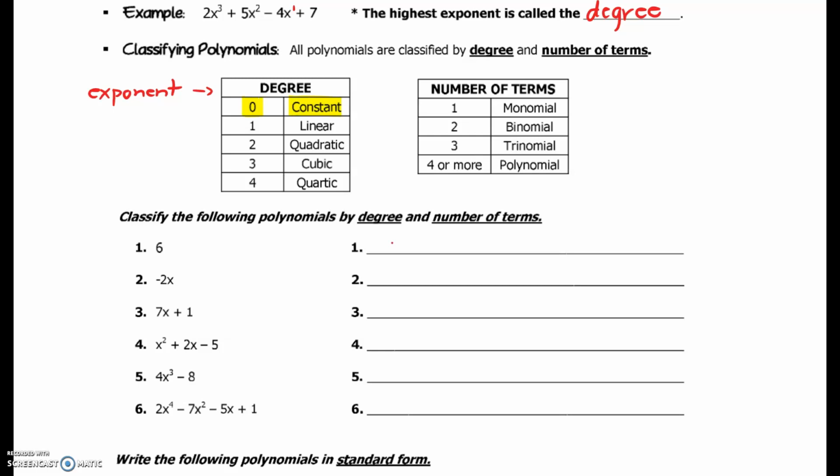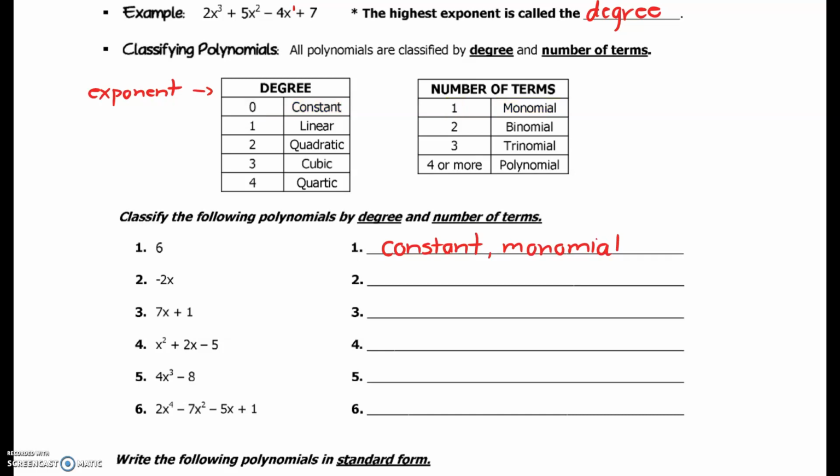That's the first word. We'll put the word constant in front, and then we see there's only one term, so 1 is known as a monomial, with mono meaning 1. So constant monomial would be your answer for number 1.